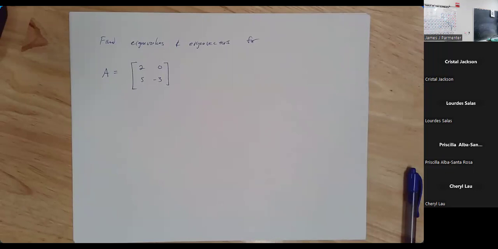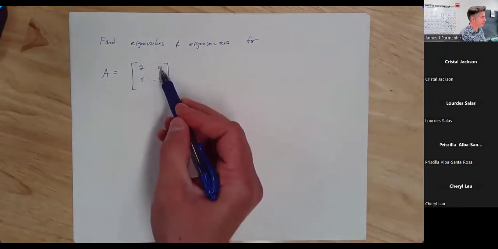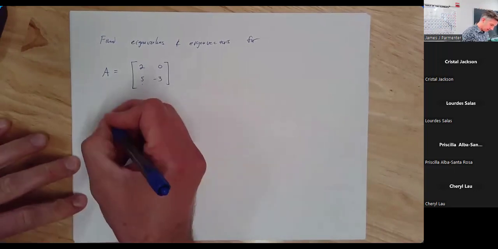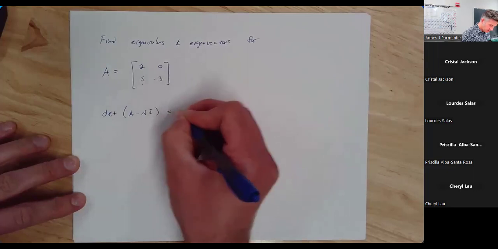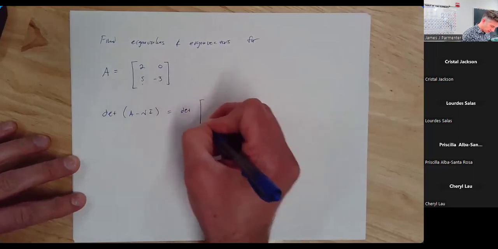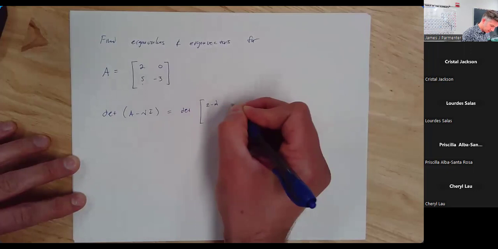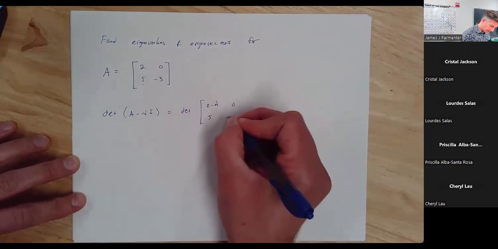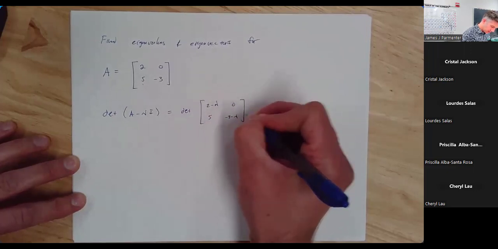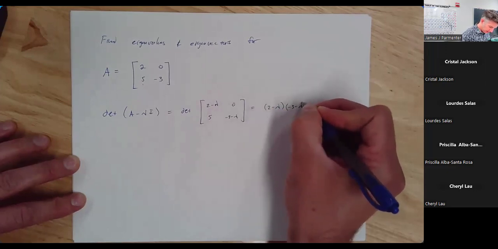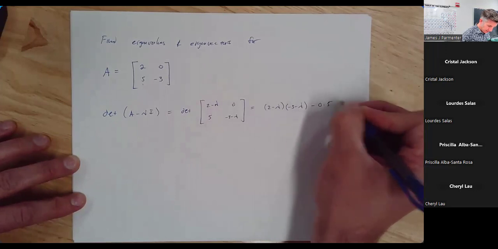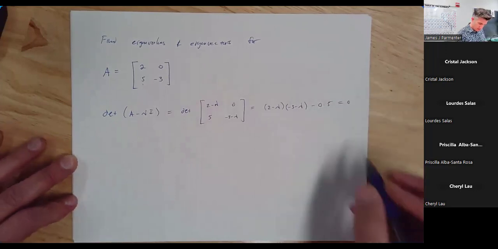Hopefully these eigenvalues were extra easy to find because there's a 0 right there. When we find the determinant of A minus lambda I, which is going to be the determinant of 2 minus lambda, 0, 5, negative 3 minus lambda, which is 2 minus lambda times negative 3 minus lambda minus 0 times 5, set that equal to 0.